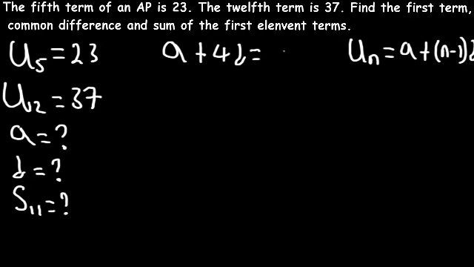So this equals 23, and u sub 12 is a plus 11d, which equals 37. Perfect. Now we have two linear equations, and to solve them we need to use the simultaneous equation concept.